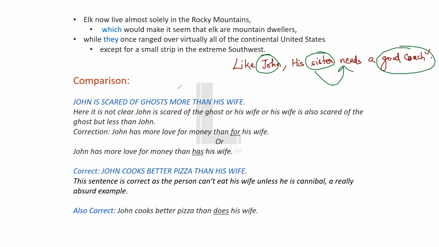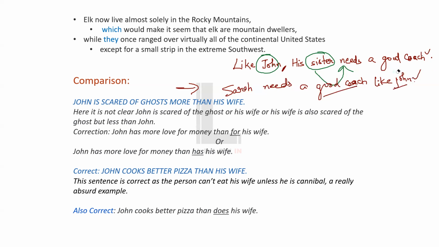This sentence would have been wrong had we not used this comma, and we could have written: his sister, or let us name her Sarah, needs a good coach like John. Would it be correct?